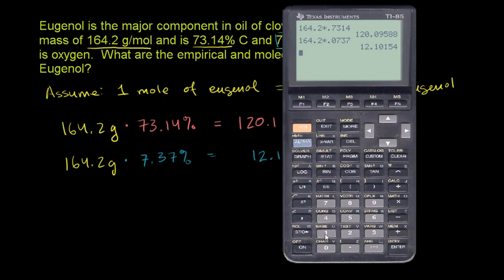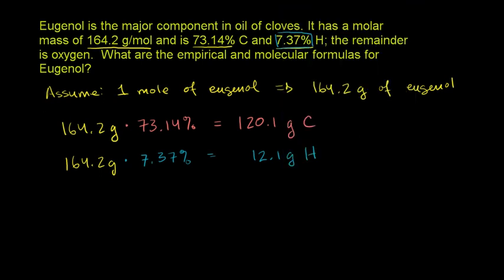So if we have 1 mole of eugenol, it's 164.2 grams. 120.1 of those grams are carbon, and 12.1 of those grams are hydrogen. What's left over, we have exactly 32 grams of oxygen.